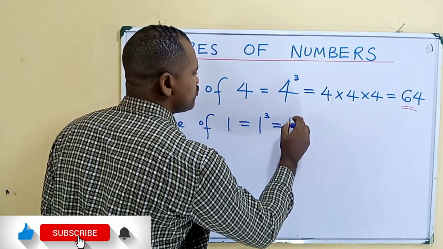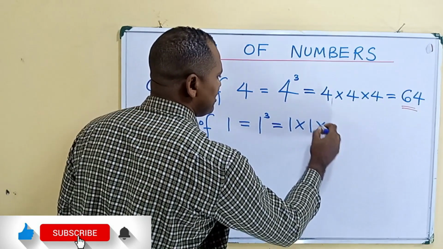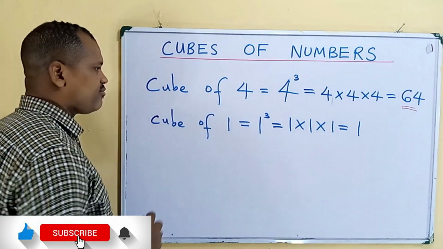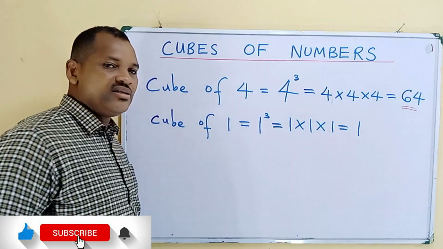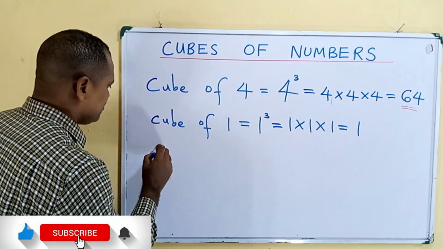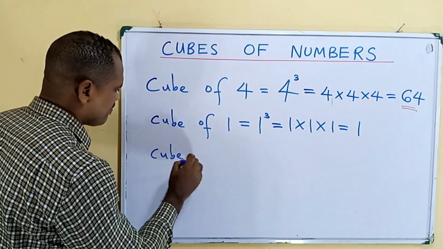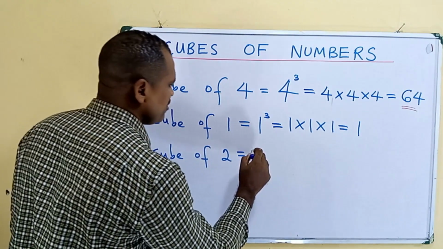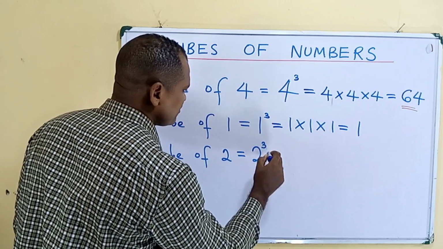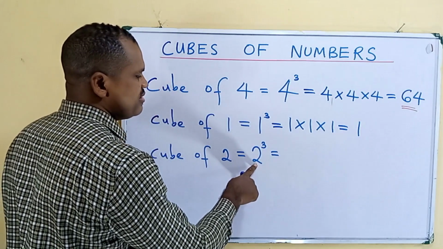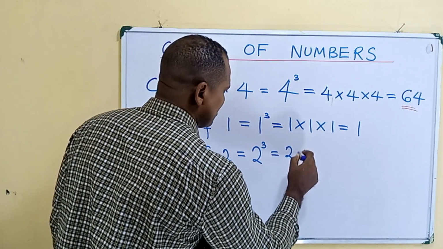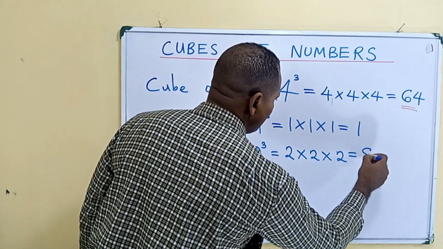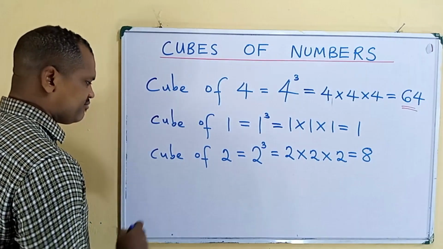And of course, it means 1 times 1 times 1, and that will give you 1. So the cube of 1 is 1. The cube of 2 is written as this. This means 2 times 2 times 2, and that will give you 8.